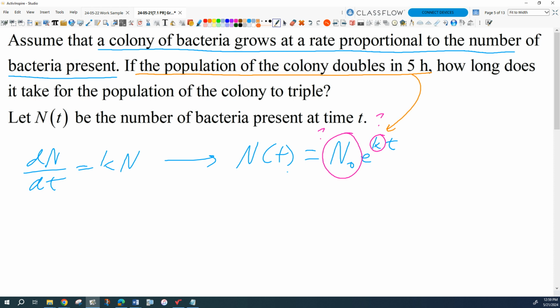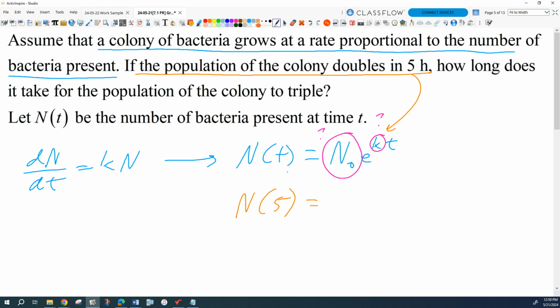If we're measuring t in hours, what is N of 5 going to equal? It doubles from its starting value in 5 hours, so it's 2 times the original.